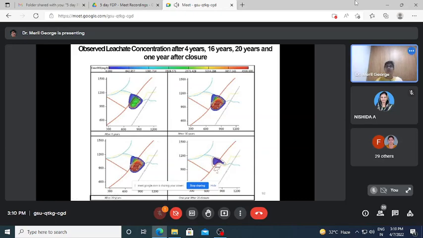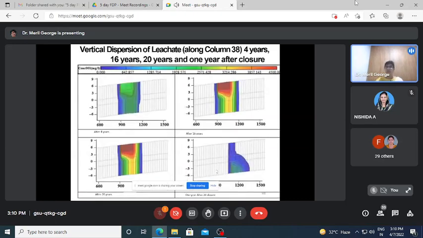So the vertical dispersion for the same periods, that means after 4 years, 16 years, 20 years, and 1 year after closure, is shown here.